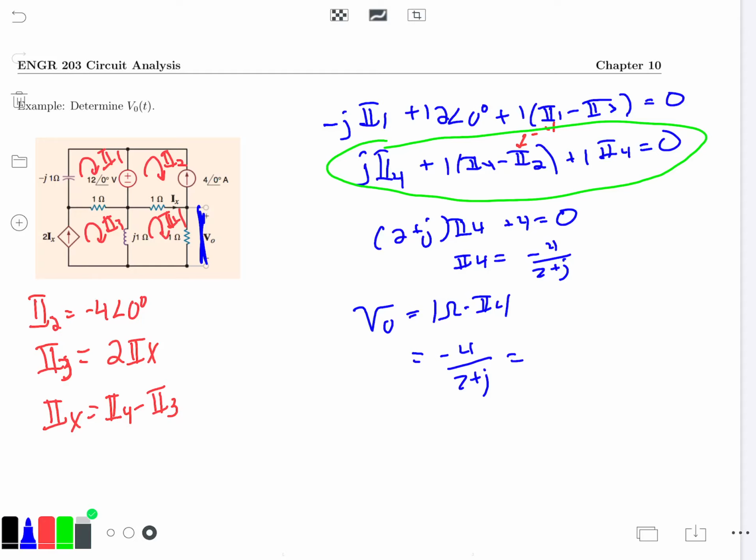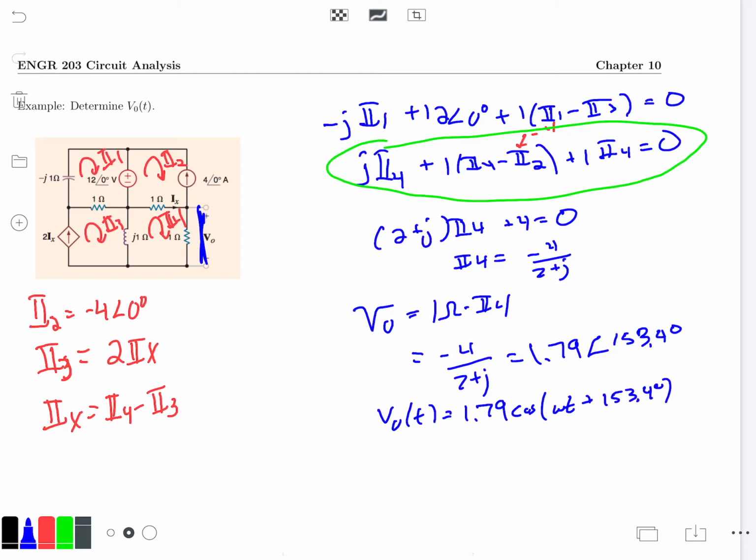Complex polar. I'm going to get 1.79 angle 153.4 degrees. And so we can answer out V0 of t is 1.79 cosine omega t plus 153.4 degrees. Volts.